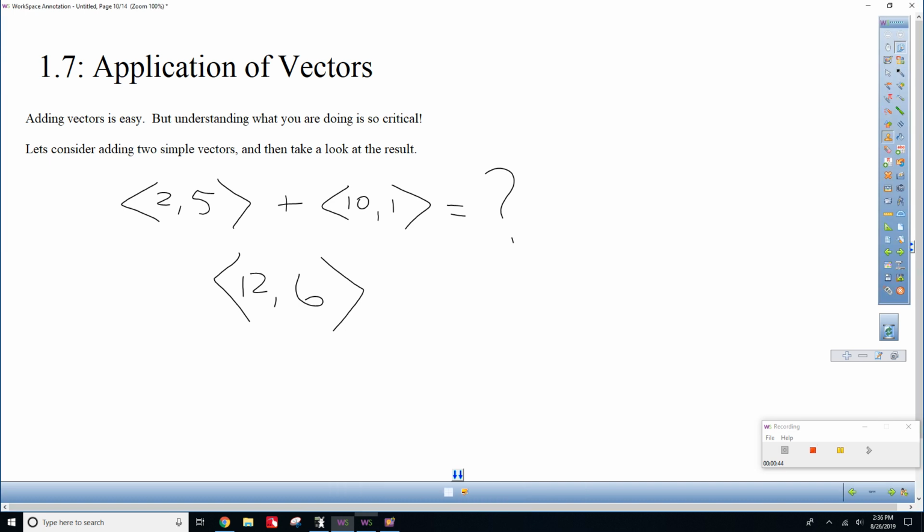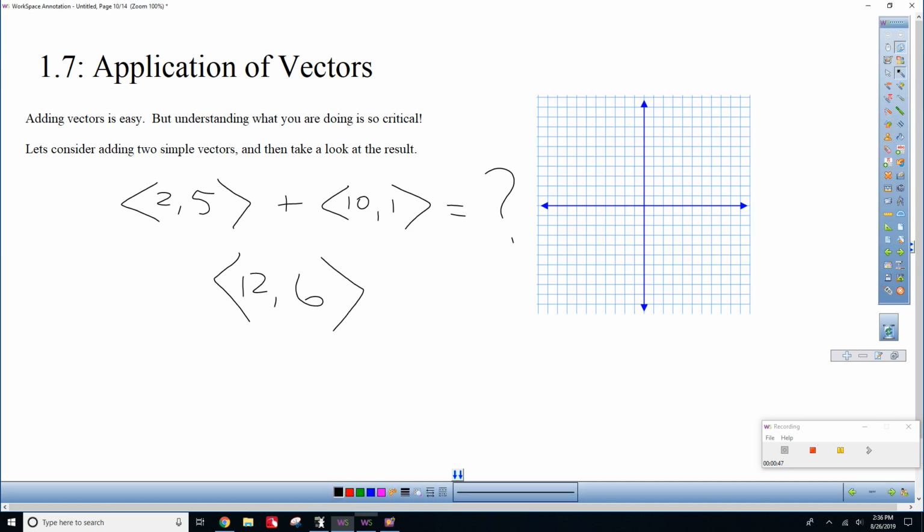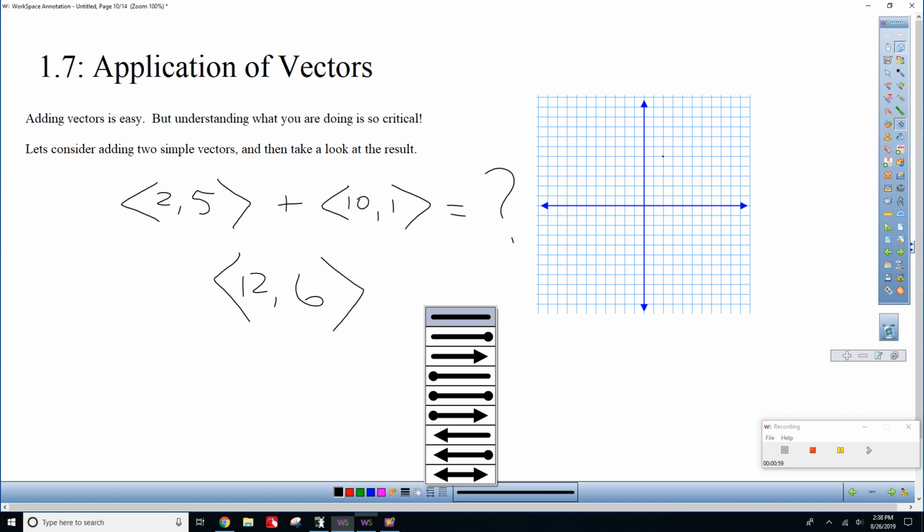Remember that vectors have no position. They have a direction and a magnitude. So 2 over, 2 up 5 is going to go to there. Let me go ahead and get a nice little vector thing here.